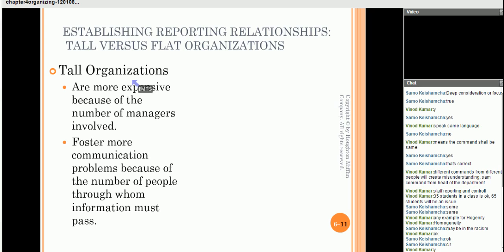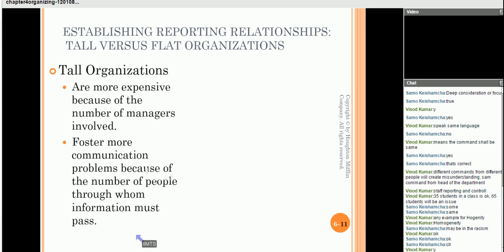Now tall organizations are more expensive because of the number of managers involved. And they foster more communication problems because of the number of people through whom the information must pass. Obviously, when more and more people are involved in a single conversation, the thing will be very complex and difficult.